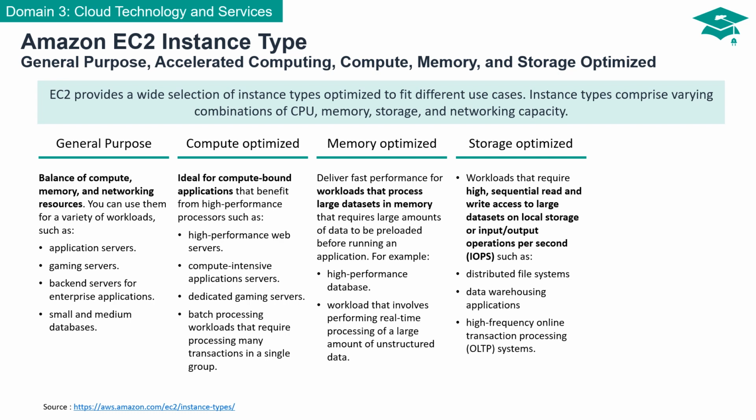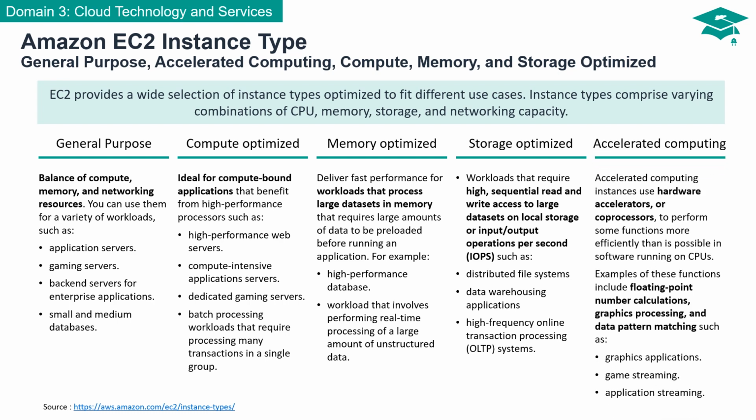Last but not least, we have accelerated computing instances. These leverage hardware accelerators or coprocessors to execute specific functions more efficiently than traditional CPUs. Examples include graphics applications, game streaming, and application streaming, showcasing the power of specialized hardware for tasks like floating point number calculations, graphics processing, and data pattern matching.